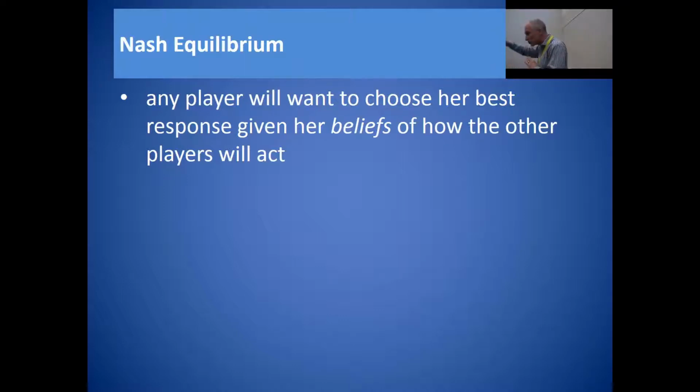Look at everything you could do and choose that response that is best, gives you the highest possible payoff. That makes perfect sense. That comes directly from our theory of rational choice. When, last year, you had your introduction to the theory of consumer choice, that consumers are choosing over bundles of goods with indifference curves and budget constraints.